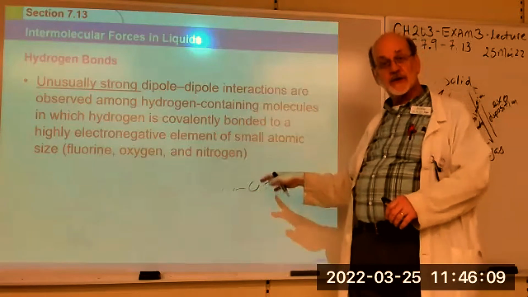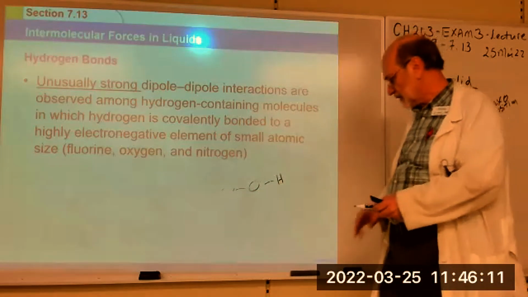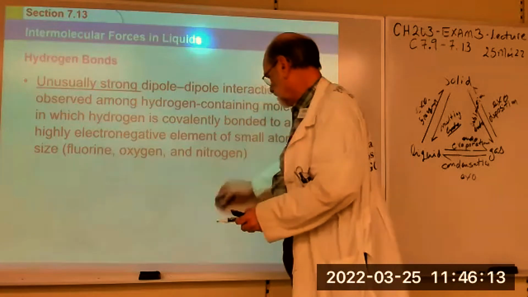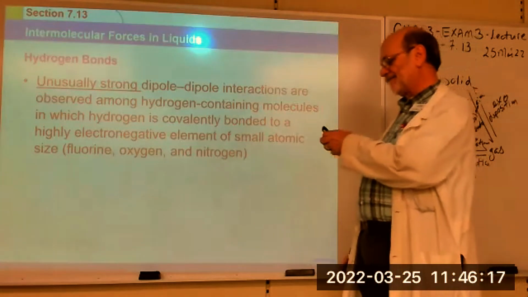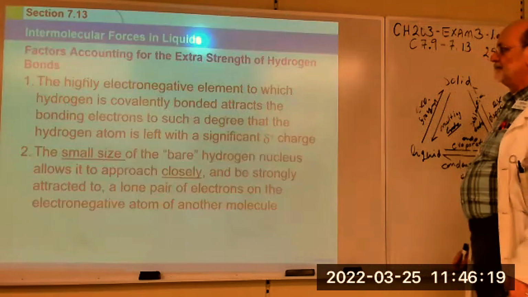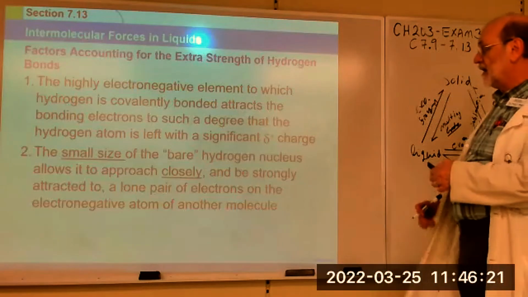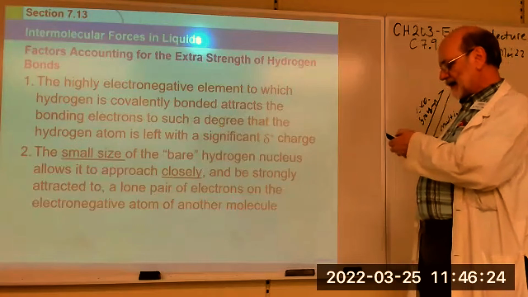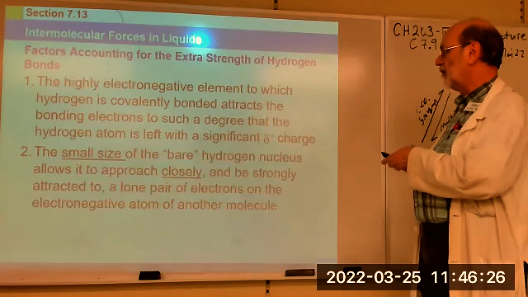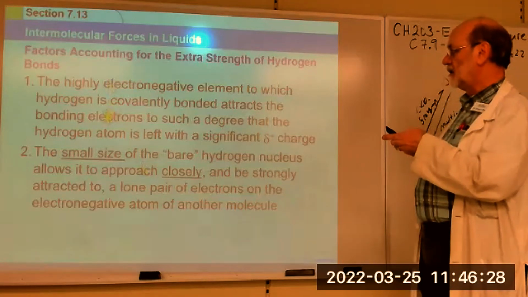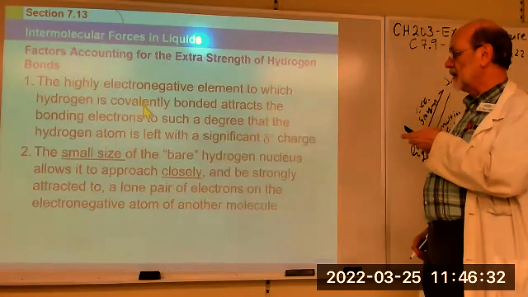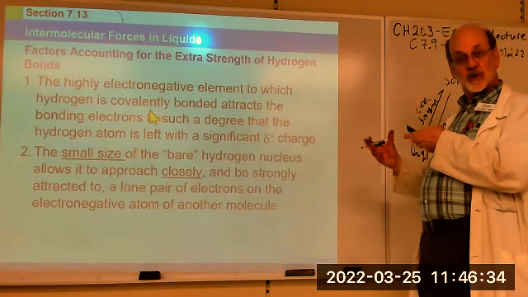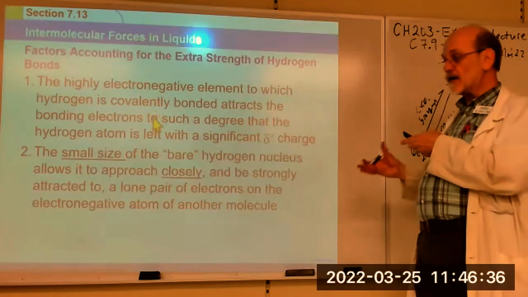And that gives you the opportunity for hydrogen bonding. Okay. The more electronegative the element, the stronger the dipole of the bond, and the stronger the hydrogen bonding can occur.